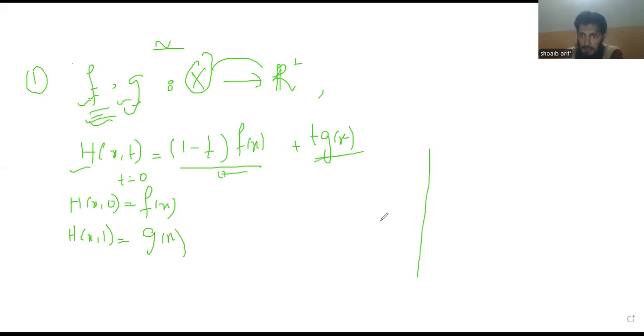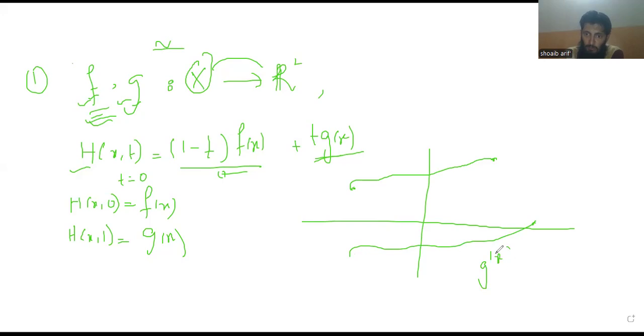If we draw the diagram, there is a continuous map f of x, and there is another continuous function g of x. We can draw a straight line segment from each point of f of x to the corresponding point of g of x.